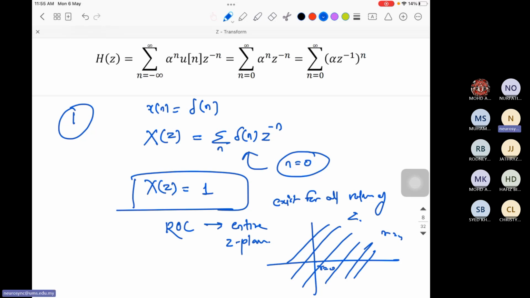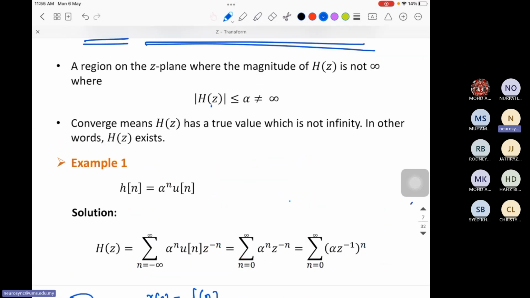Now let us take another example. I have the function h of n equal to alpha to the power n u of n. Now apply the Z transform for this. H of z is defined as the summation over n equal to minus infinity to plus infinity of h of n, that is alpha to the power n u of n, times z to the power minus n.